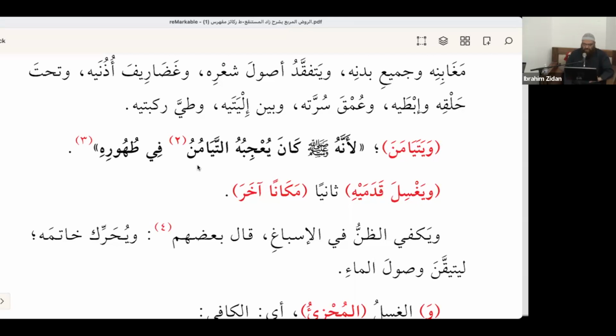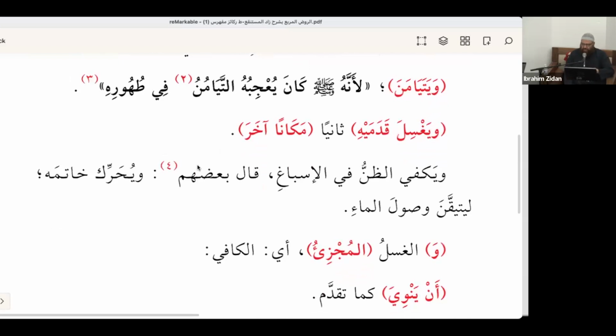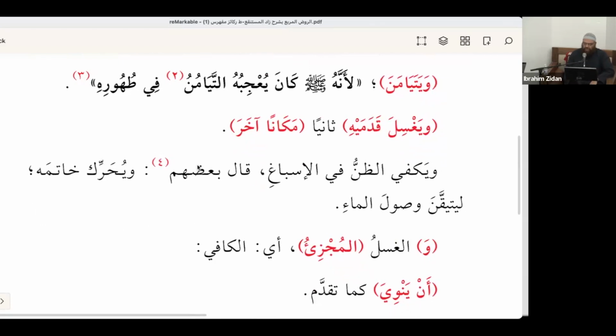This is that is to be done with a dalk, which is with rubbing the hand over these places. He says ويتيامن. يتيامن, that means he starts with the right from اليمين, and the verb here يتيامن, that means he starts with the right.